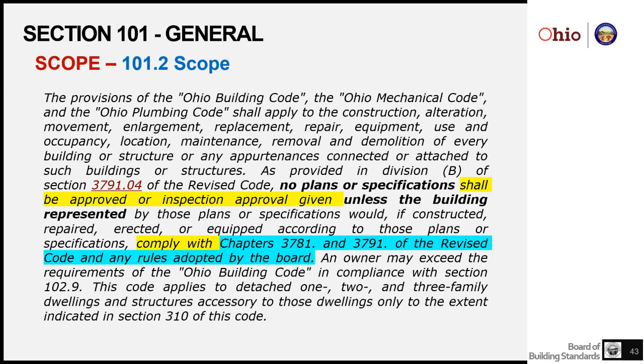It's all written in the negative, I see that, but basically an owner has to get a building approved and the inspections have to be satisfactory, and that will indicate that the building complies with the law, 3781, or the statutes, 3781 and 3791 from the Revised Code, and any rules adopted by the board. So that's essentially the scope.